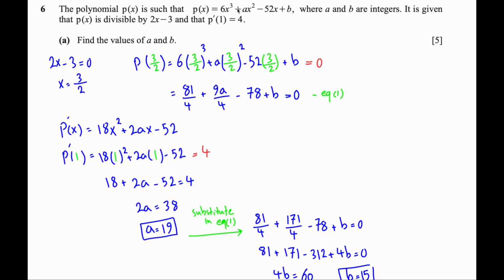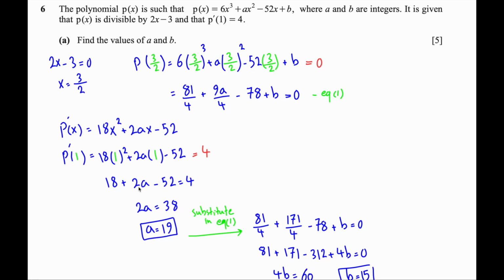You just take the power multiplied by the existing coefficient in front of the variable and then deduct the power by 1. And then you're going to get 18x squared plus 2ax minus 52. And if you replace all the x's with 1, you should get 4 as stated in the question.